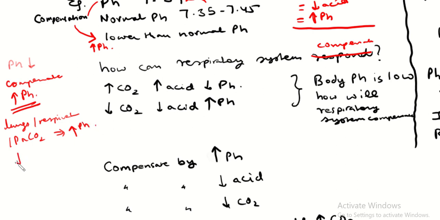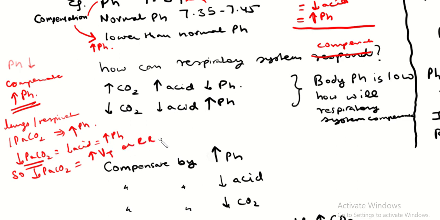Remember, if PaCO2 goes down, there's less acid, so there's increased pH. So my respiratory side has to decrease the PaCO2. And how does it do it? By increasing my tidal volume or my respiratory rate, or both.